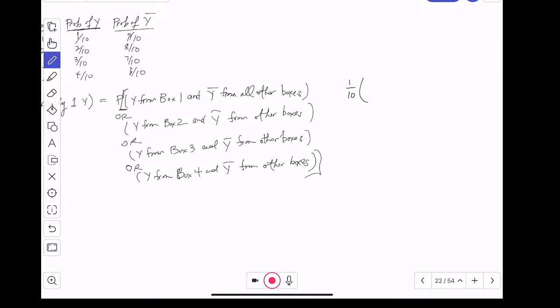And then I multiply that with the probability of no yellow from the other boxes. So there's no yellow from the second box, that's 8/10. No yellow from the third box, that's 7/10, and 6/10. I multiply all of those.